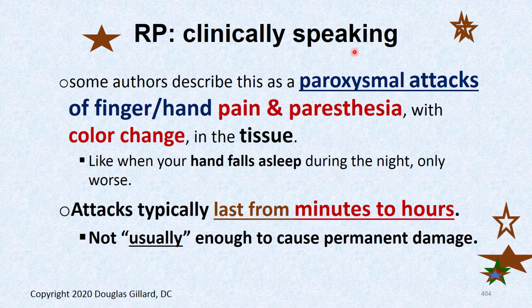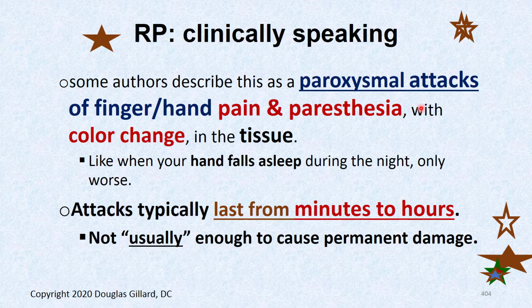Okay, clinically speaking, some authors describe this as paradoxical attacks because they can happen out of the blue. We'll see cold, extreme cold, and stress can trigger these attacks, but sometimes you can just be sitting there in class and bam, it happens for no reason at all. So therefore, it's described as a paroxysmal attack of finger pain and paresthesia and color change and such.